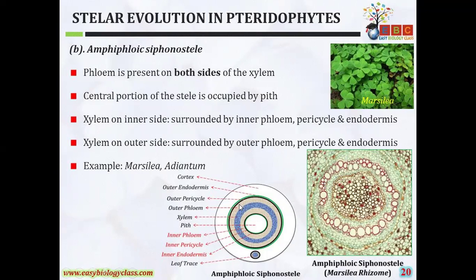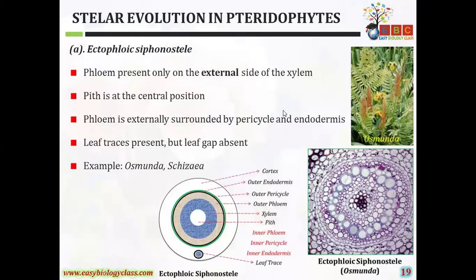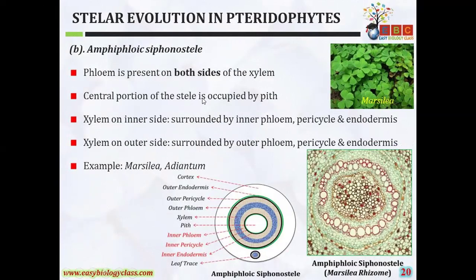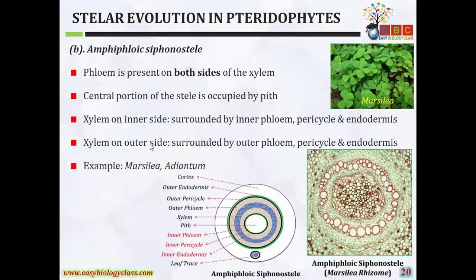And the ones surrounding the outer phloem are the outer pericycle and the outer endodermis. That point has to be noted. In Marsilea rhizome, we can see the structure called amphiphloic siphonostele. So that is about the ectophloic and amphiphloic conditions of siphonostele. The example for amphiphloic is Marsilea rhizome, and for ectophloic it is Osmunda.